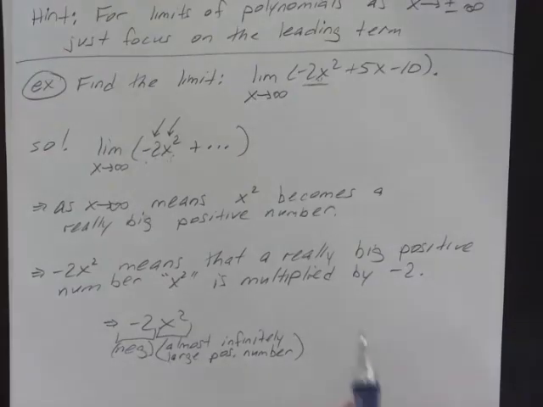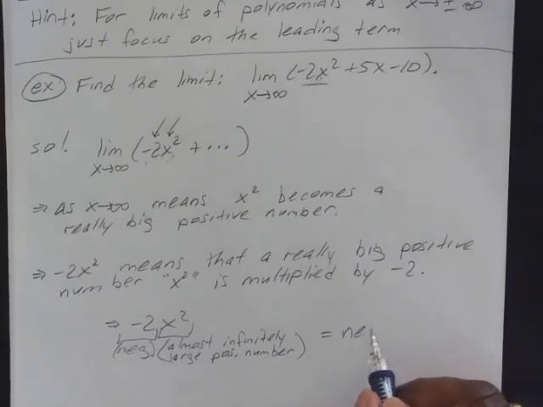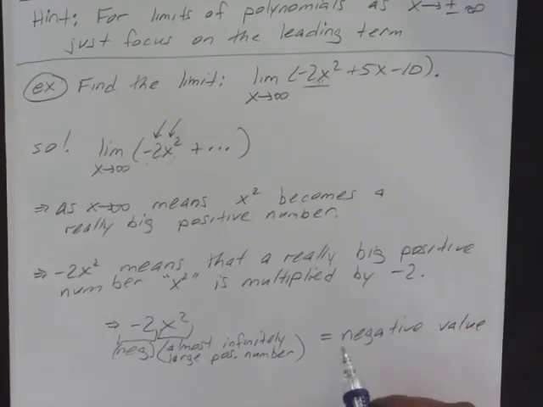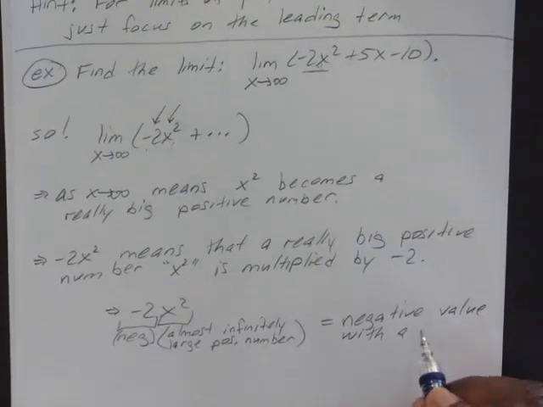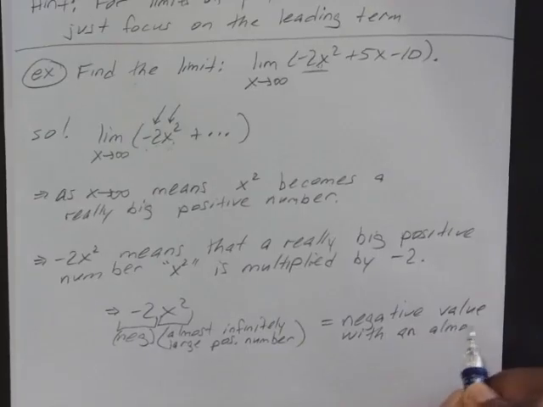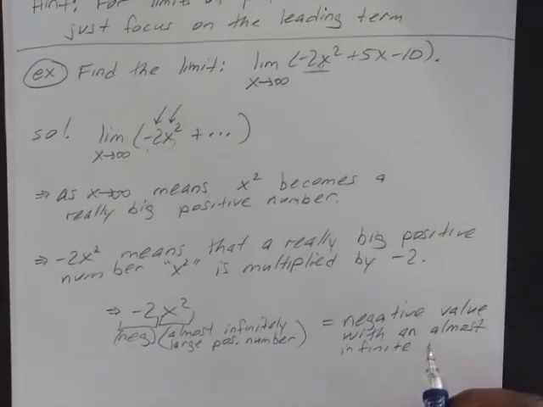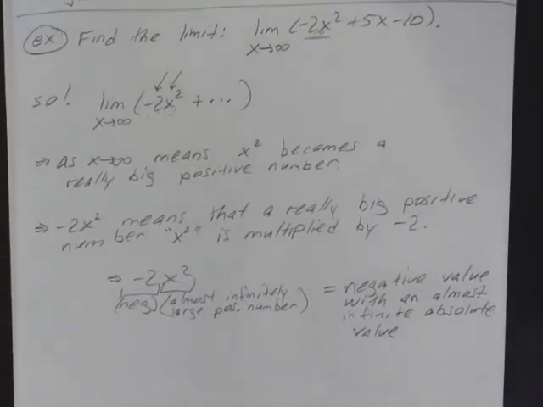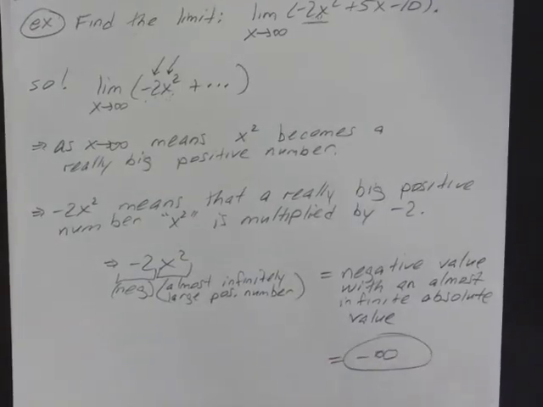So if you have a negative times a positive, that's just going to equal a negative number with a really large absolute value, with an almost infinite absolute value, which is just negative infinity. Just a very long-winded way of saying negative infinity.